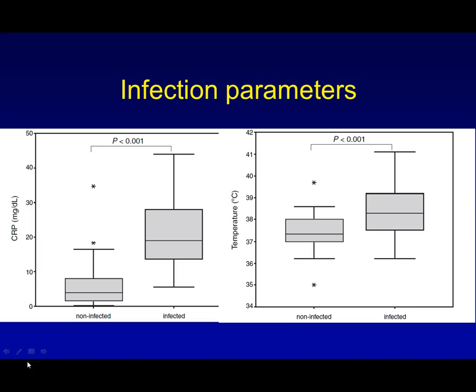As you can see in pneumonia, there is increased CRP, there is increased temperature, but there's also overlap between the values of non-infected and infected subjects. In other words, no sensitivity, neither specificity of 100%. This means that a certain cutoff value has to be found, and this can be done using an ROC curve.